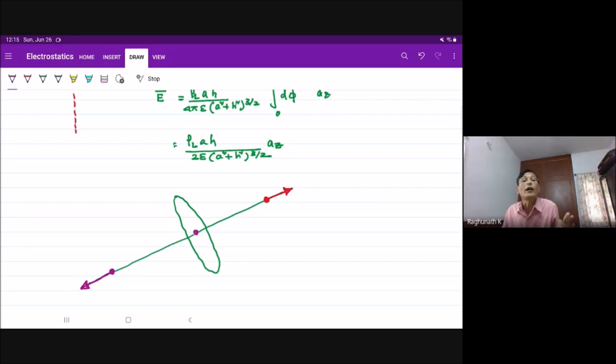Understood? It will be along the axis, away from the center, assuming rho L to be positive, at any distance h. Expression is rho L A H by 2 epsilon into A square plus H square whole power 3/2. So many volt per meter.